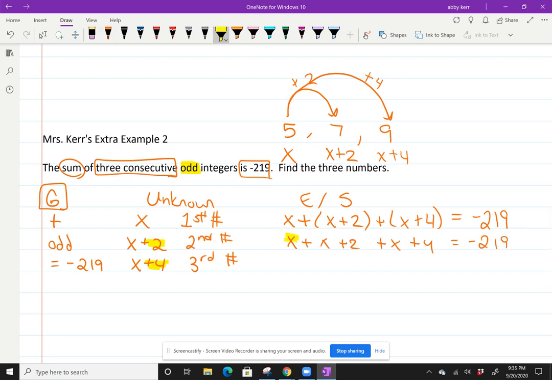And then let's combine like terms. We have an x there, another x, and another x. So we have 3 x's. We have a plus 2, a plus 4. That gets us plus 6. Now we have negative 219. We have to take away 6. And that's going to get us negative 225.